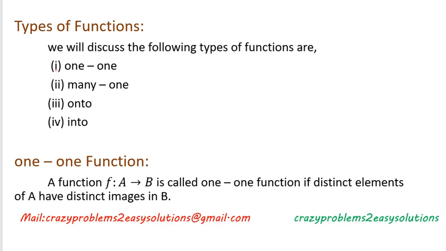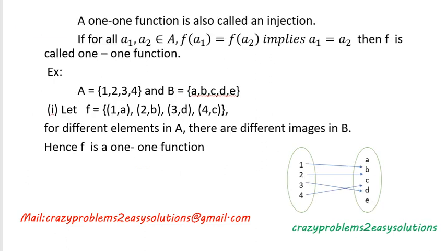A function f from A to B is called a one-to-one function if distinct elements of A have distinct images in B. That means if we have a mapping f from A to B, where A is a set of elements and B is a set of elements, all the elements are mapped to distinct images. A one-to-one function is also called an injection.